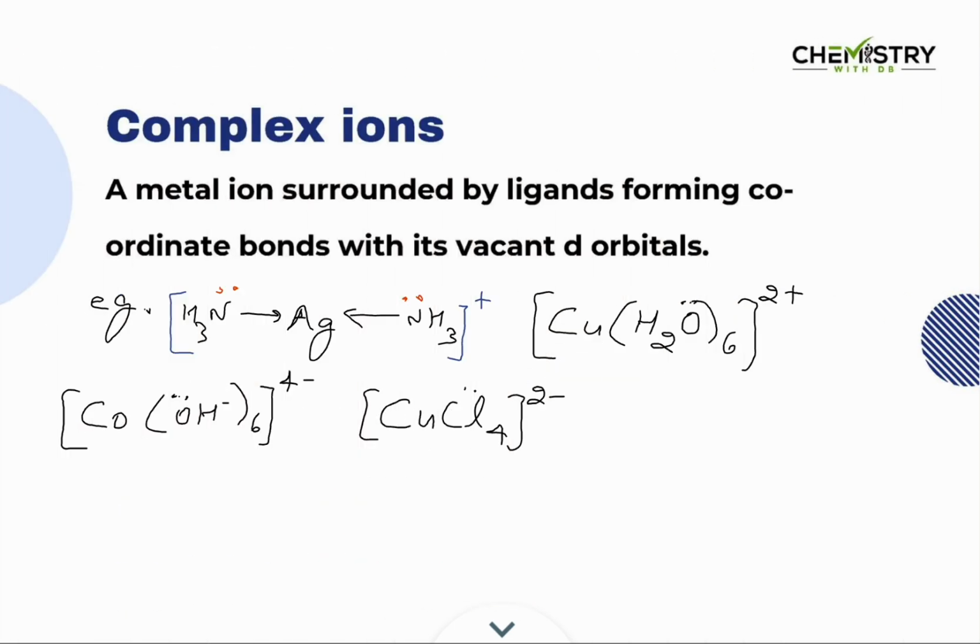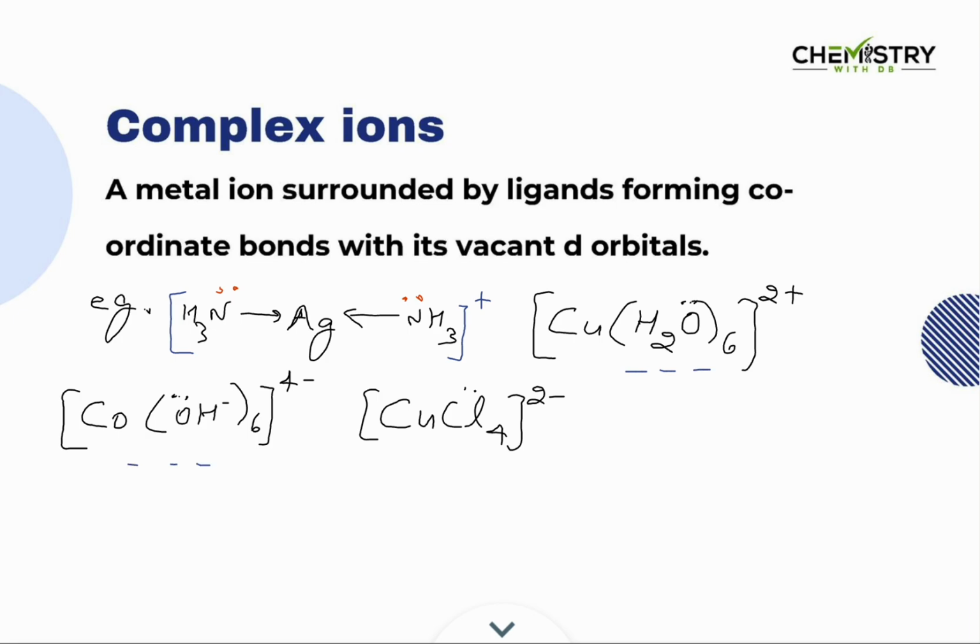Complex ions: a metal ion surrounded by ligands forming coordinate bonds with its vacant d orbitals. For example, this is a complex of silver with two ammonia ligands forming the ammoniacal silver ion. On the other hand, you have a copper 2 plus ion forming a complex with 6 water ligands.